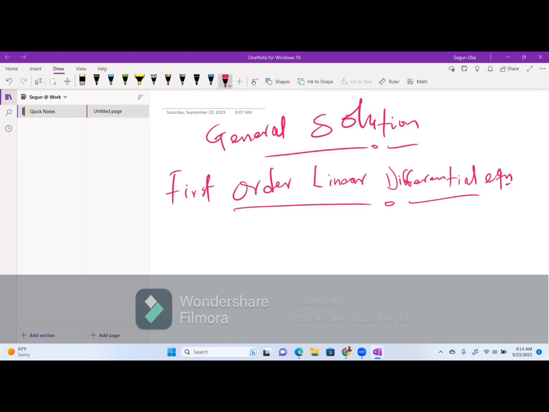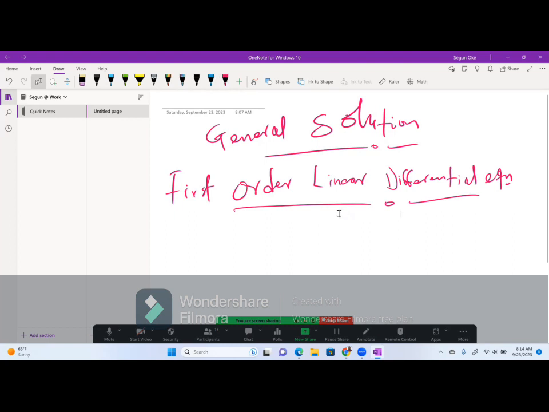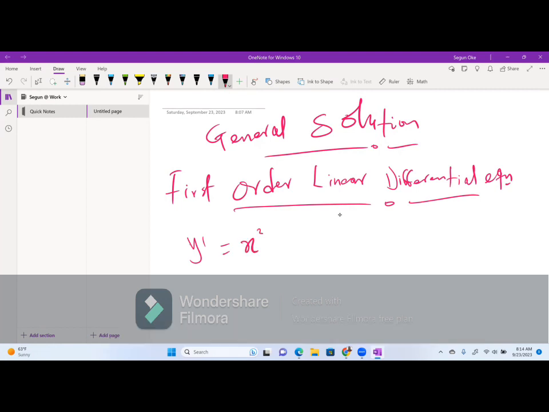But before then, do we still remember this? For example, if I give you y prime equals x cubed, what does it mean? y prime equals x cubed is the same thing as dy/dx equals x cubed.